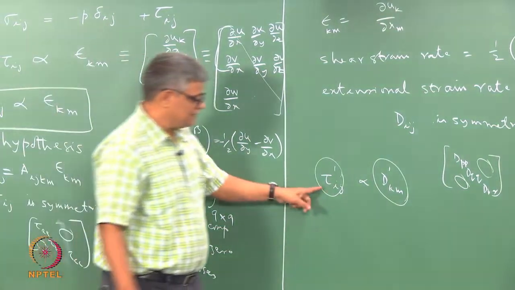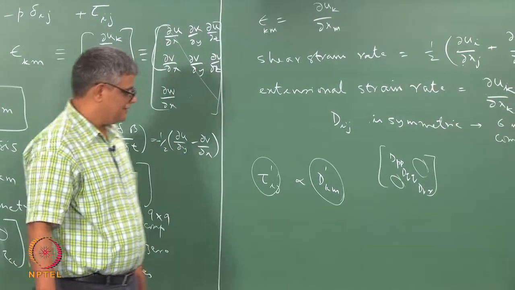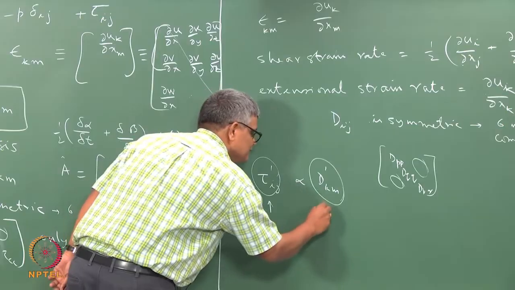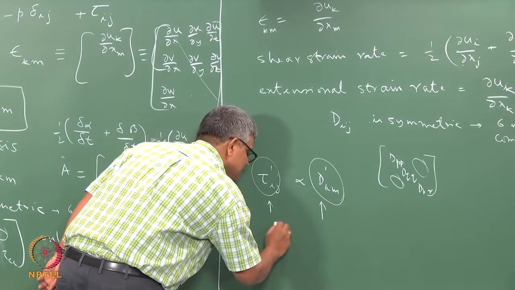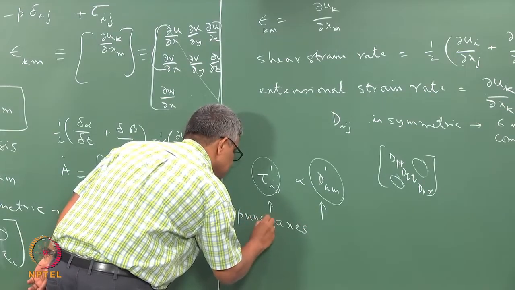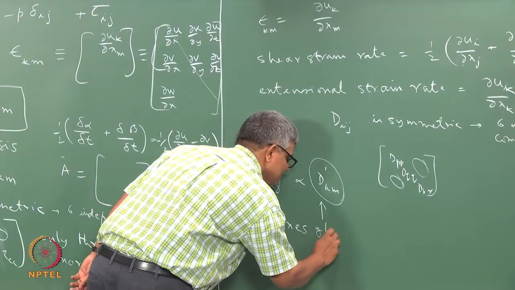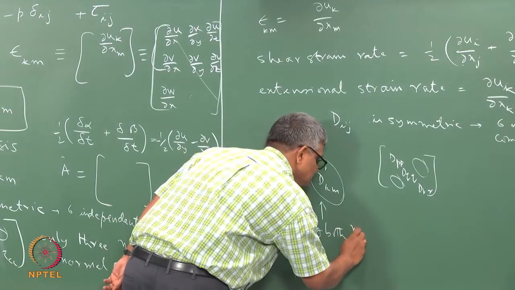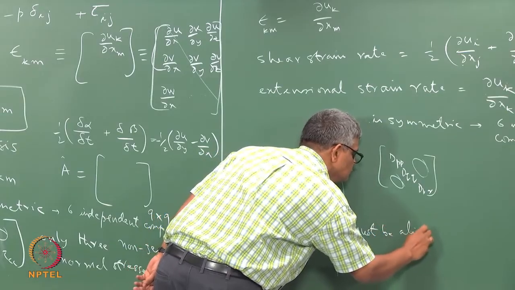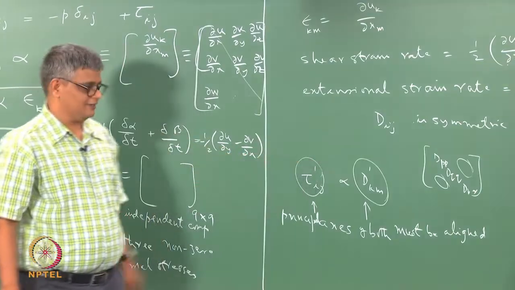Now, when you are seeking a relation between these two which is linear, then it is necessary that the principal coordinates of these and the principal coordinates of these are the same. So, principal axes of both must be aligned. If these are not aligned, then you cannot have a linear relation.